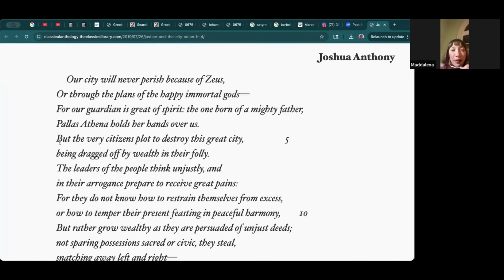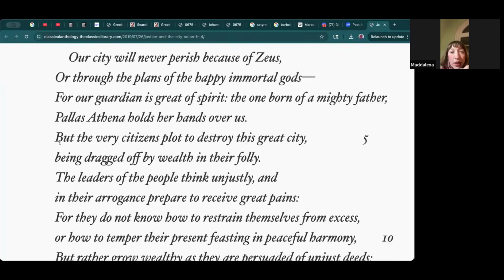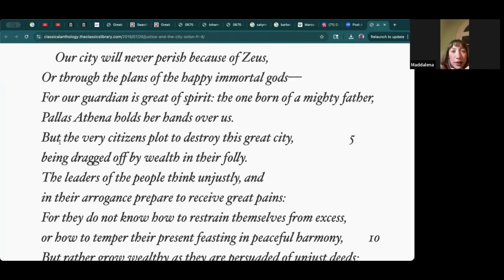Our city will never perish because of Zeus, or through the plans of the happy immortal gods. For our guardian is great of spirit, the one born of a mighty father. Pallas Athena holds her hands over us, but the very citizens plot to destroy this great city, being dragged off by wealth and their folly.